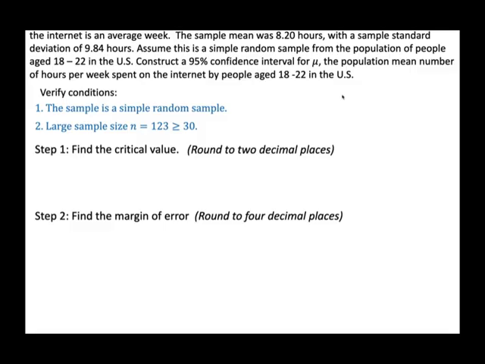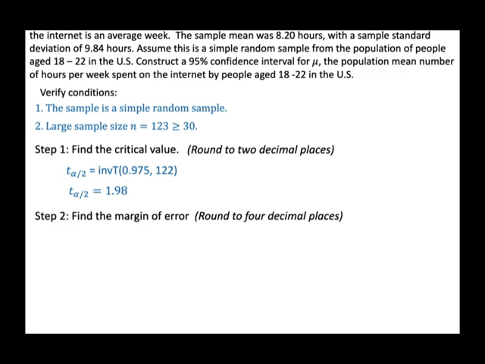Since s is given, right? Sample standard deviation of 9.84 hours. So we'll be using the t distribution. So you should have the inverse T, including the area of the left tail, that will be 0.975, and then the degree of freedom, which is going to be n minus 1. You should get 1.98.